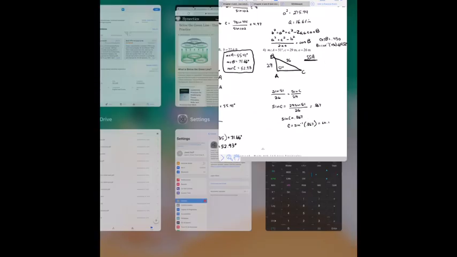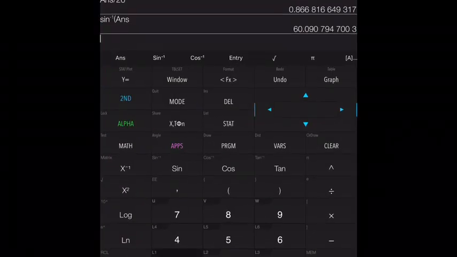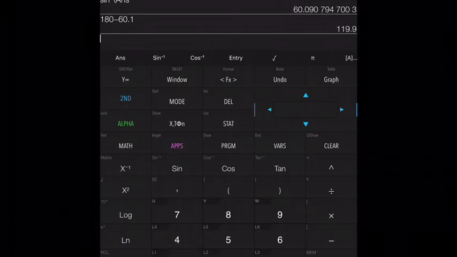Because your calculator is only going to give you an angle that's in the first quadrant, 60.1, but the sine is also positive in quadrant 2. 60.1 is a reference angle of an angle in quadrant 2 if we subtract from 180. So 180 minus 60.1, we get 119.9.